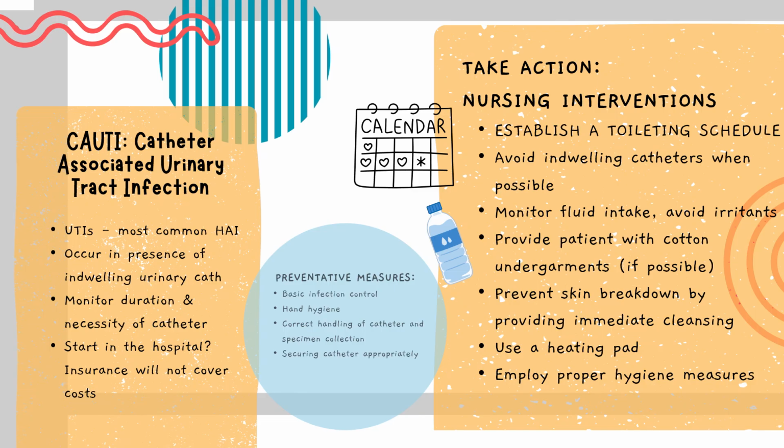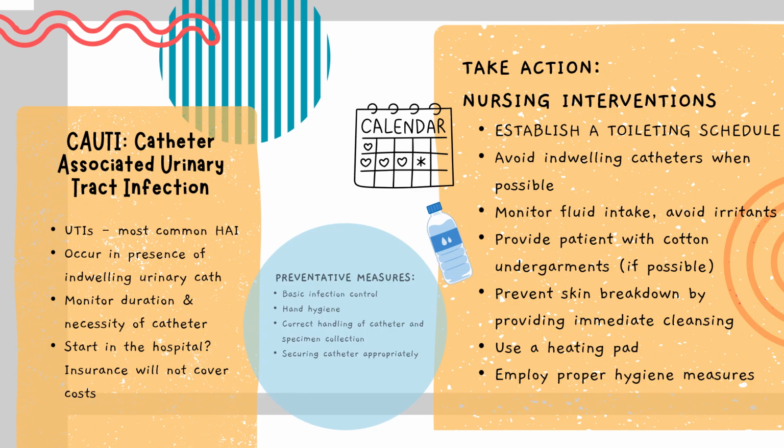So, as a nurse, what can we do to avoid this? We would like to not even have to put a catheter in. If we're considering putting a Foley catheter in, how about we establish a toileting schedule? Get them on a more routine schedule, increasing their fluid intake, avoiding any type of irritants.